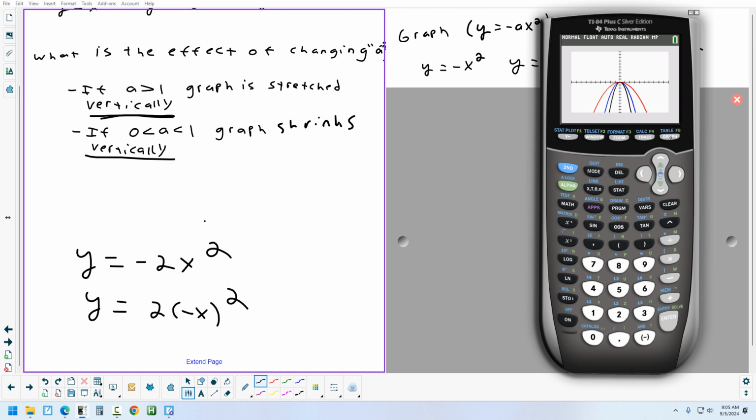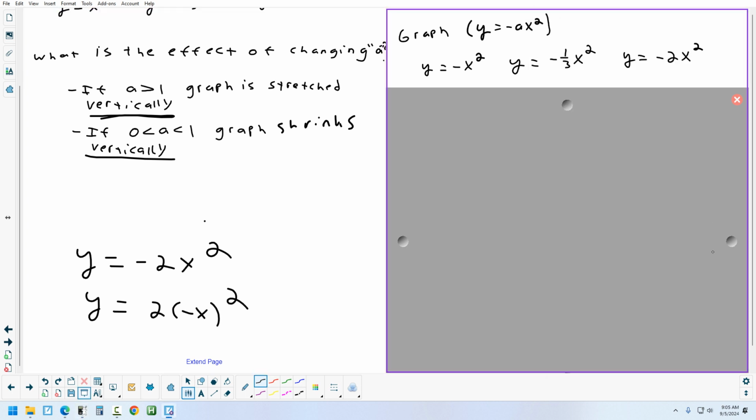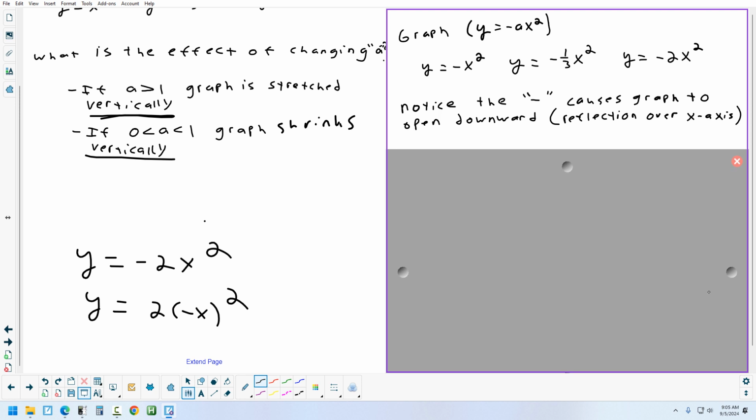It can either be over the x-axis if it's in front of the function, or over the y-axis if it's inside the function with the variable. So the negative causes the graph to open downward. You can call that a vertical reflection over the x-axis, or you could just say reflect over the x-axis.